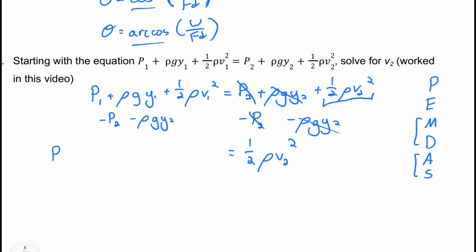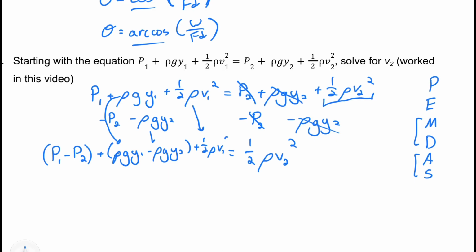Let's rewrite this, keeping the terms that are like each other together. So we've got P1 minus P2, and then we add rho g y1, and then subtract rho g y2, and then we still have 1/2 rho v1 squared.